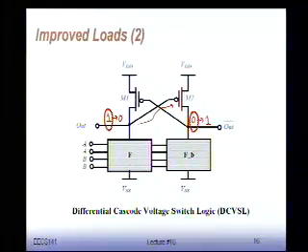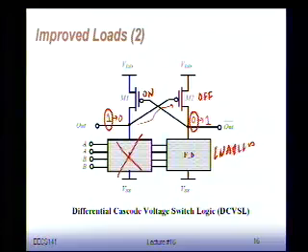This is 1, means that this is off, this is on. 1 means that this network is off, not pulling down, and this network is enabled. So you see that when the NMOS network is enabled, the PMOS transistor is off. When the NMOS network is off, the PMOS transistor is on.